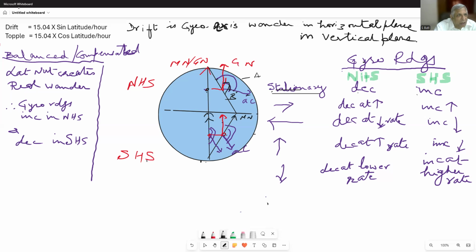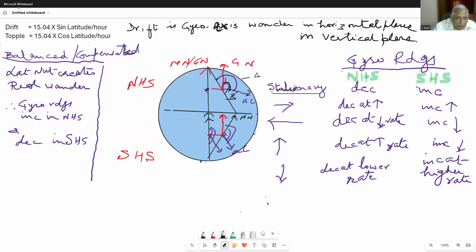It is called gyro drift or wander, and this is apparent wander. 15 degrees into sine of the latitude and per hour. In 6 hours, the same latitude where I was will move by 90 degrees. In 12 hours, 180 degrees. And in 24 hours, 360 degrees.